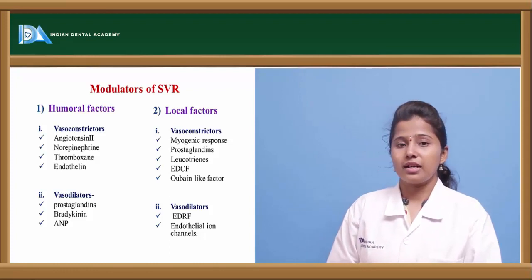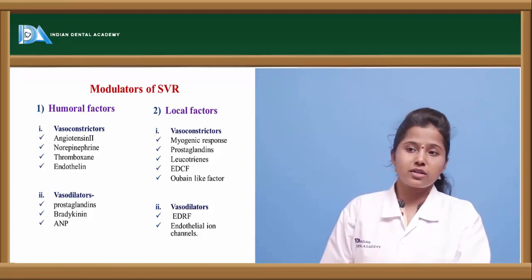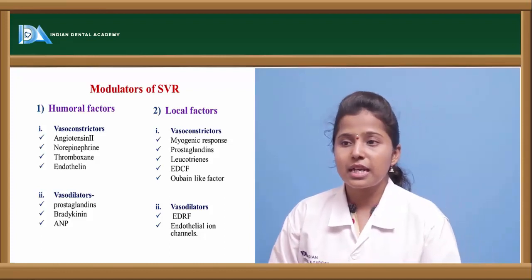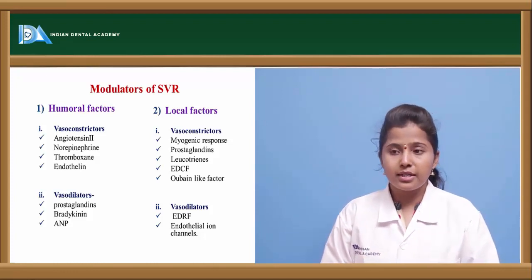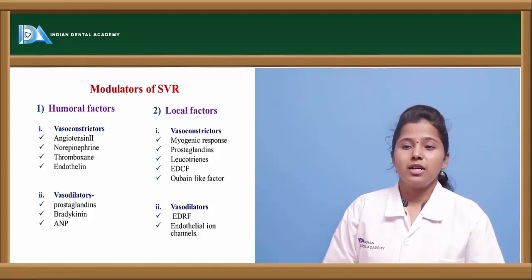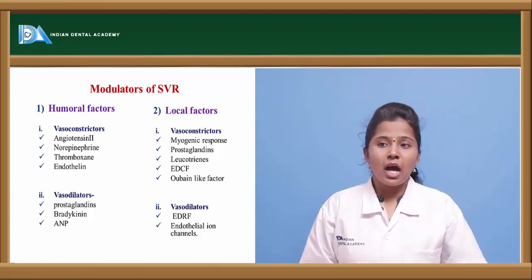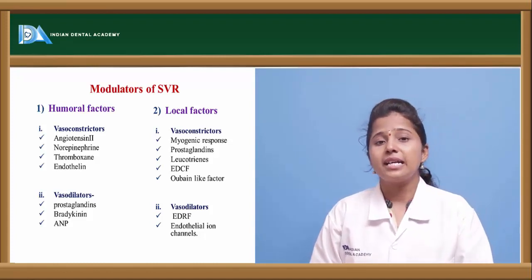And local factors. Let us see what are the local factors. In the local factors also there are a few vasoconstrictors and a few vasodilators. A few of the vasoconstrictors like myogenic response, prostaglandins, leukotrienes and Aubin-like factor. See, the prostaglandins, there are a few prostaglandins which act as vasoconstrictors and there are a few prostaglandins which act as vasodilators.